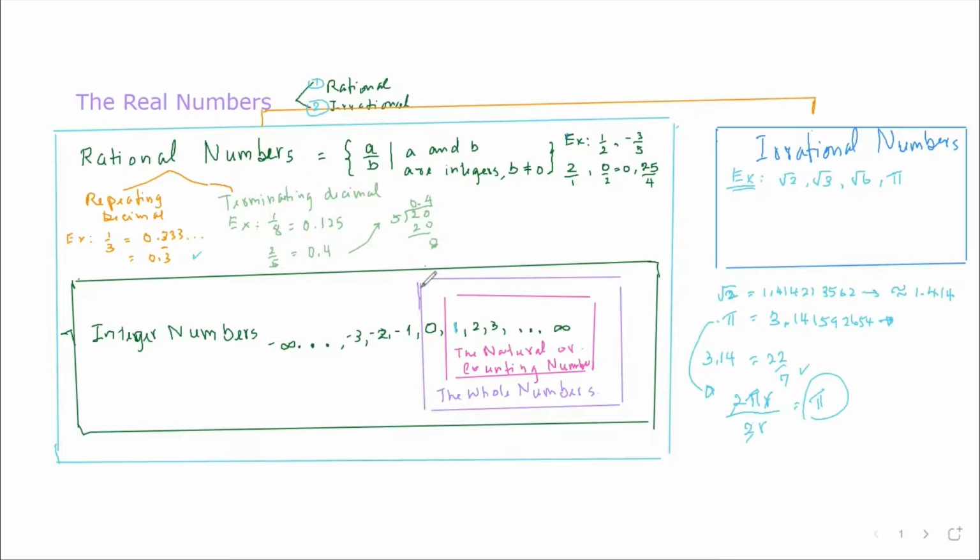Then starting from 0, 1, 2, 3 up to plus infinity, we call them whole numbers. They have the 0 here, so whole numbers. And the left-hand side is the negative integers, that means starting from -1, -2, -3, and so on to negative infinity.